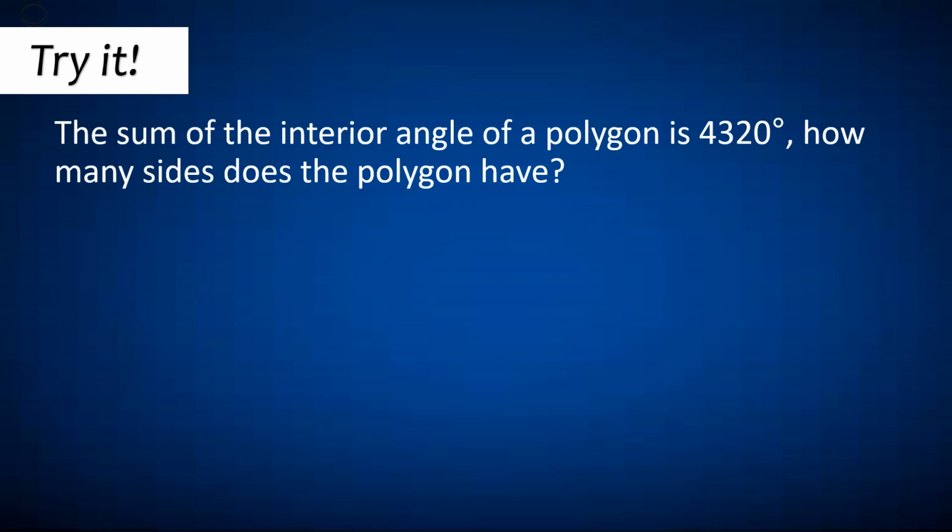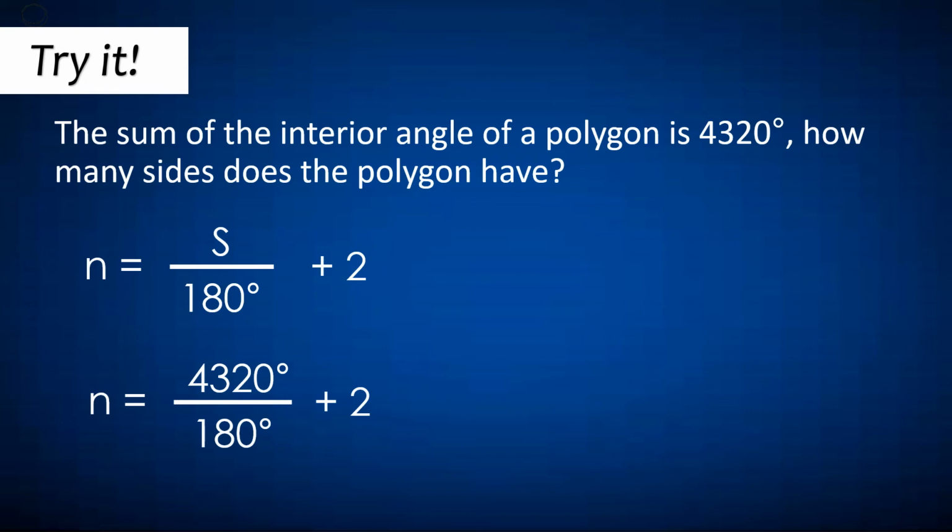So let's try another example. So we have the formula, substitute 4,320 dun sa S. So 4,320 divided by 180 is equal to 24 plus 2. N is equal to 26.